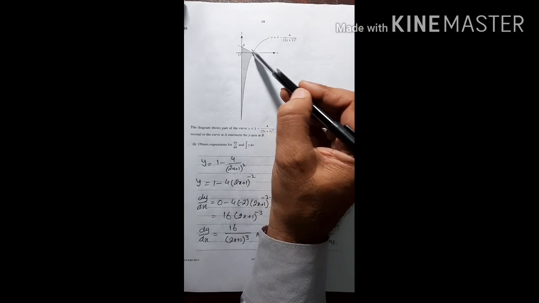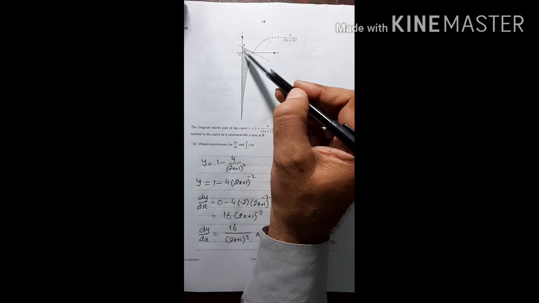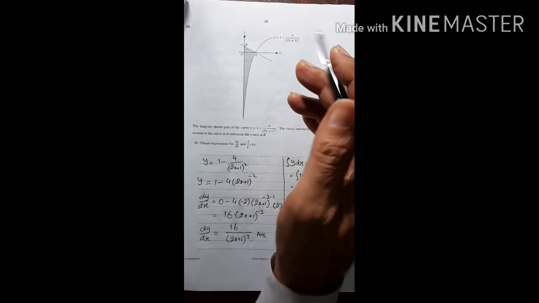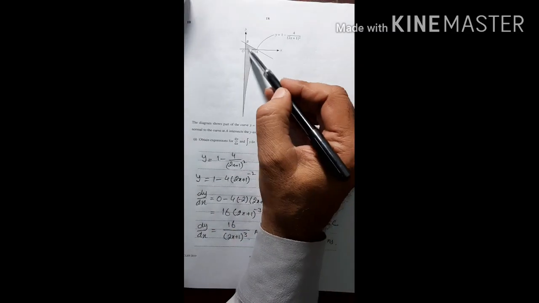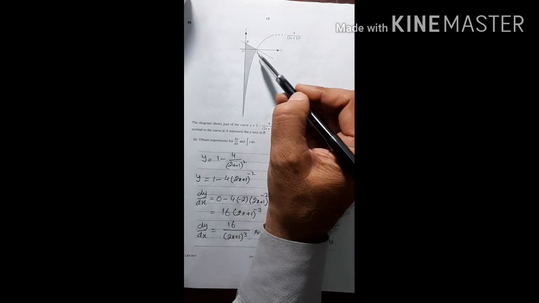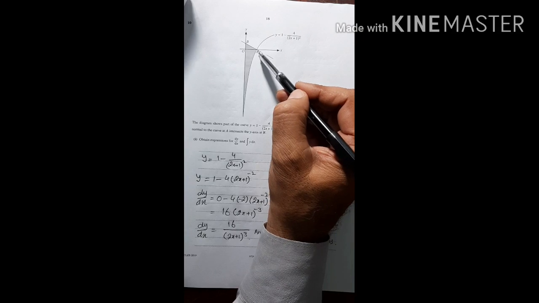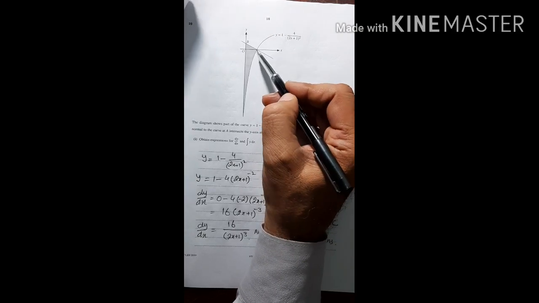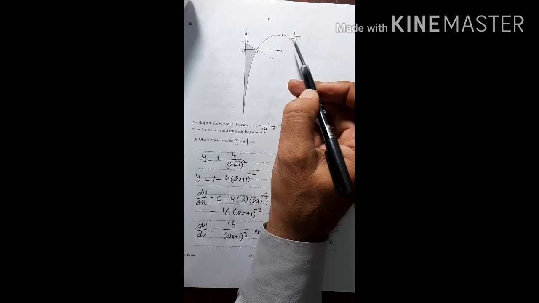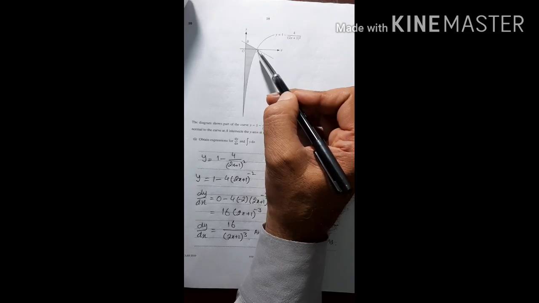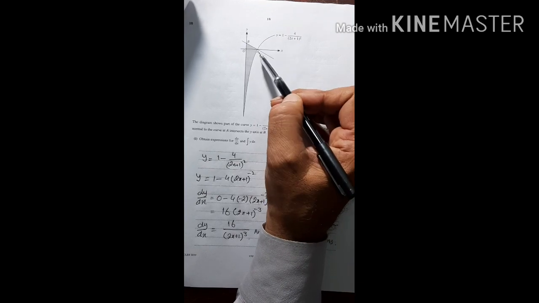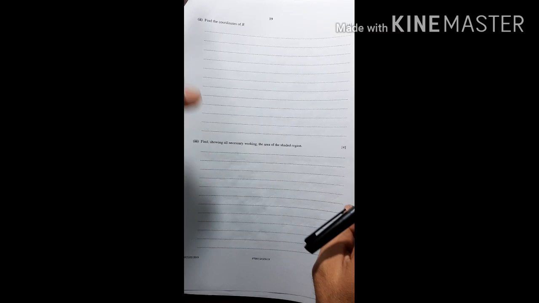Then I will solve this equation with the y-axis, and I'll get the coordinates of B. So first of all, I need to find the equation of normal at A, and before that I need the coordinates of A. So how can I find the coordinates of A? Because A is on x-axis. So on x-axis y is always 0. So I'll put y 0 in this curve, and I'll get the value of x. How? Just see.